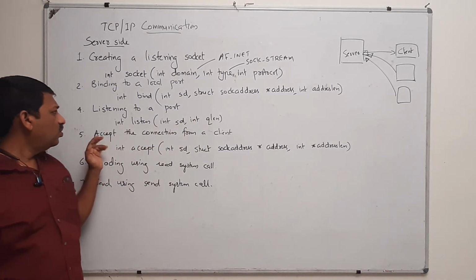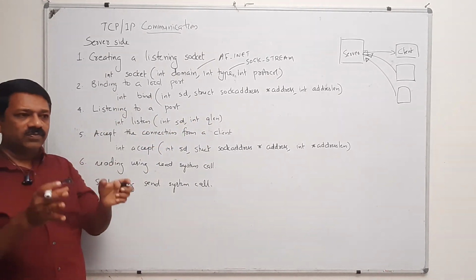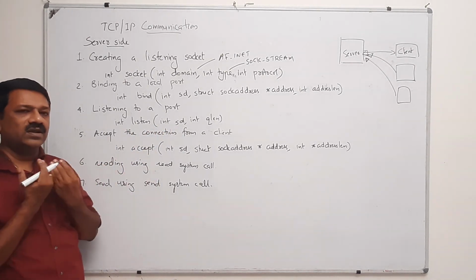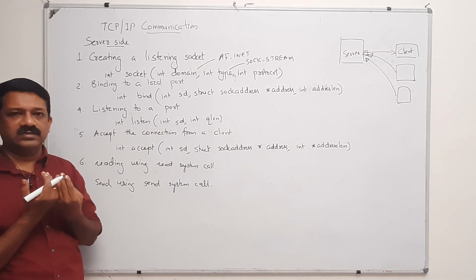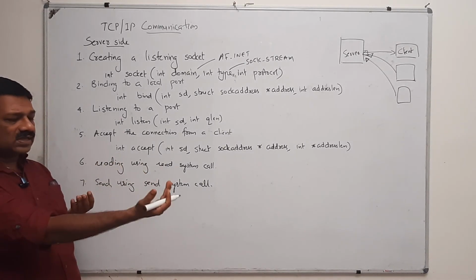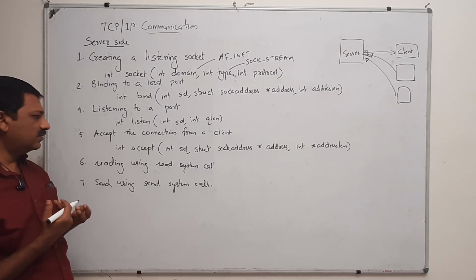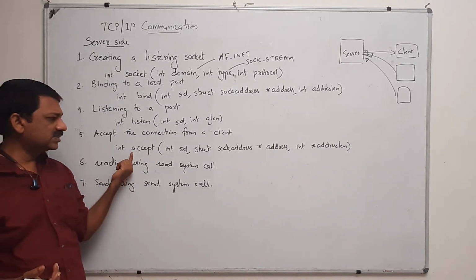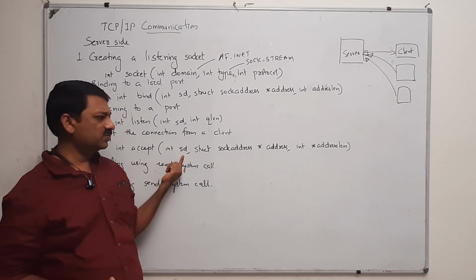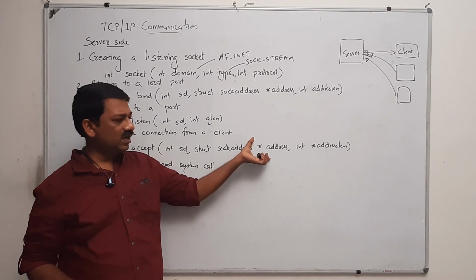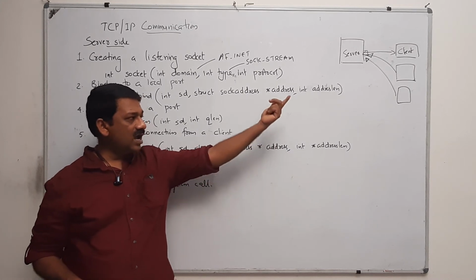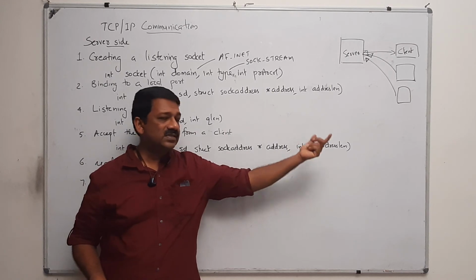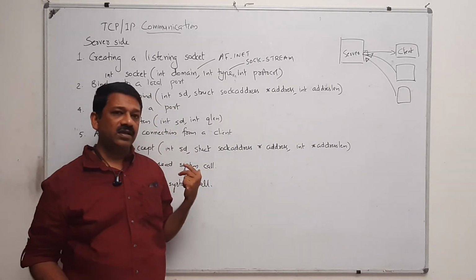Listening to the port means it is listening on the socket for a request from a client. Once a client request is received, you can accept it using the accept system call. Accept again takes the socket descriptor, the socket address, which is the address received from the client side, and the address length, also received from the client side.